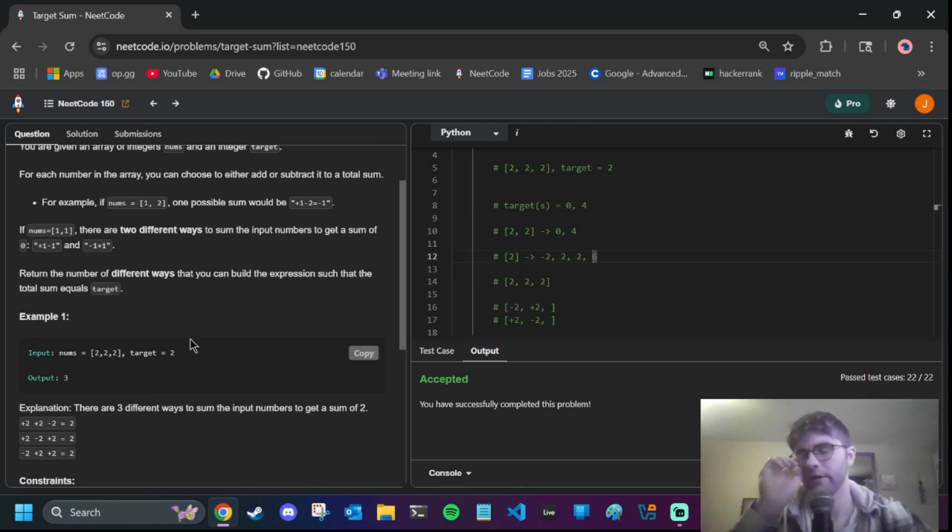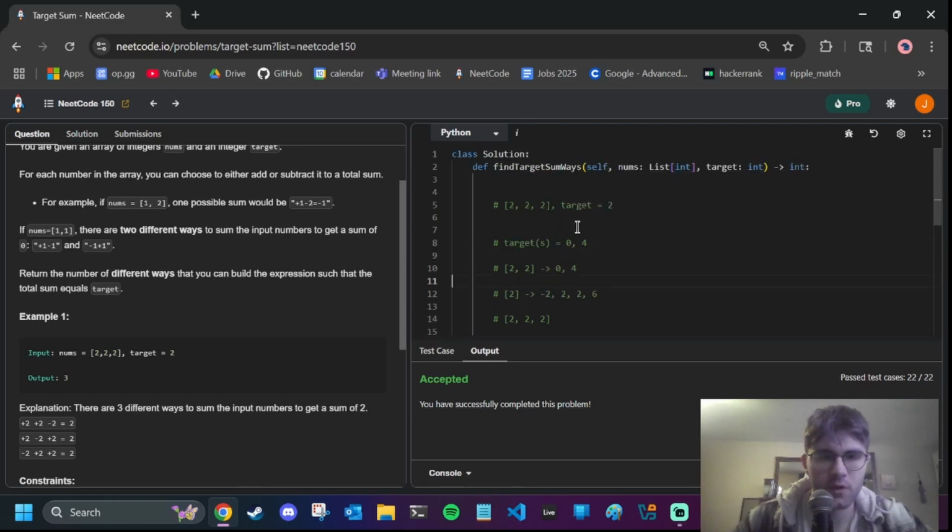So why is the answer 3? I don't know. I thought this type of thinking would be interesting. Oh, maybe it's because this one could also be minus 2?